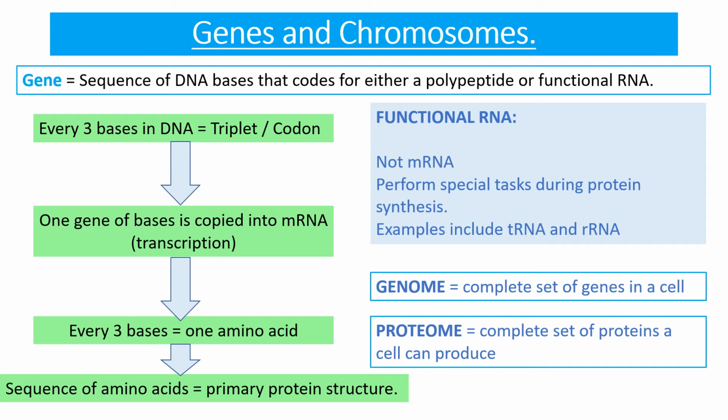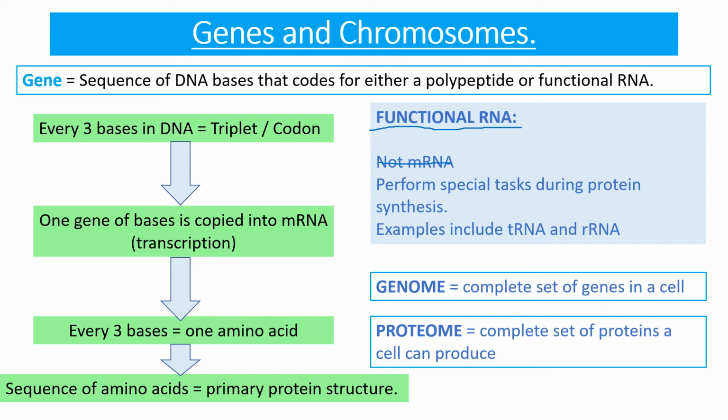So functional RNA, now looking at the blue box, is not messenger RNA. It's a different type of RNA other than messenger RNA, so that's quite important to know. It's involved in performing special tasks during protein synthesis, and examples of it include transfer RNA or tRNA and ribosomal RNA or rRNA.